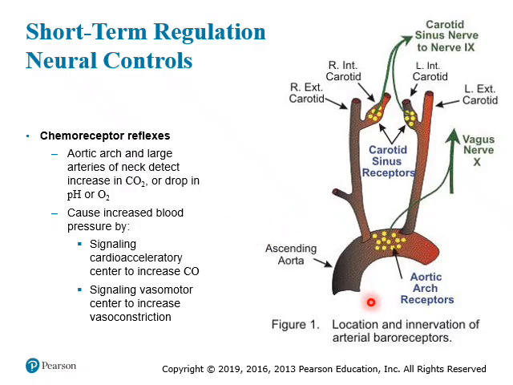The aortic arch and large arteries of the neck detect a change in the carbon dioxide, a drop in the pH, or the oxygen levels of the blood, and they cause increased blood pressure by signaling the cardioacceleratory center to increase cardiac output, and signaling the vasomotor center to increase vasoconstriction.